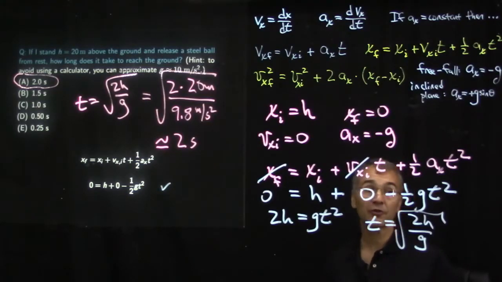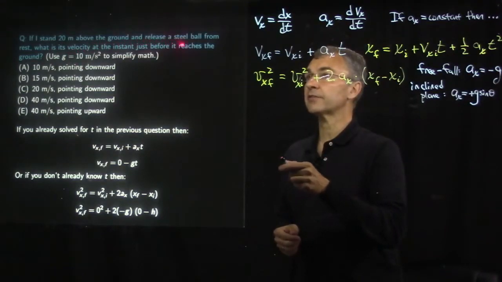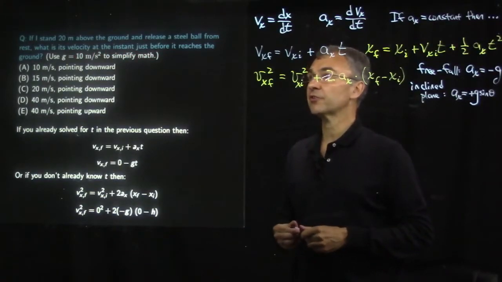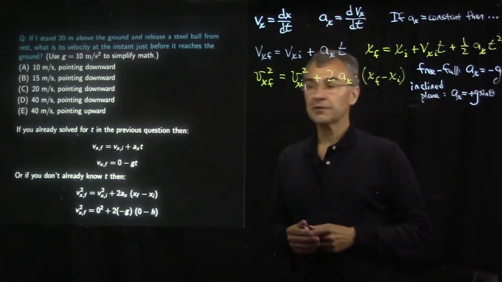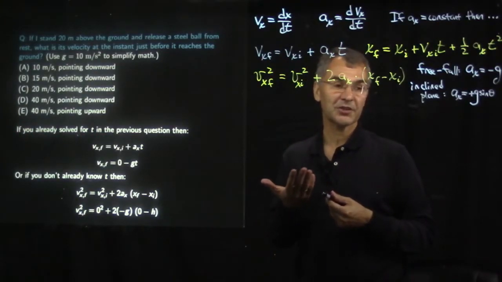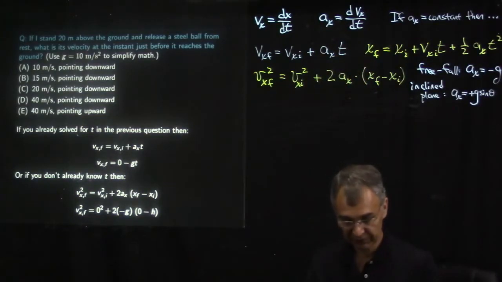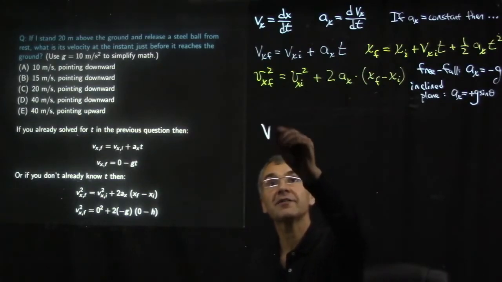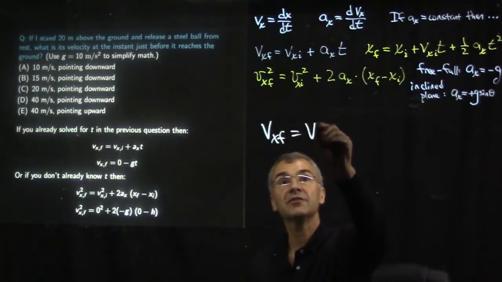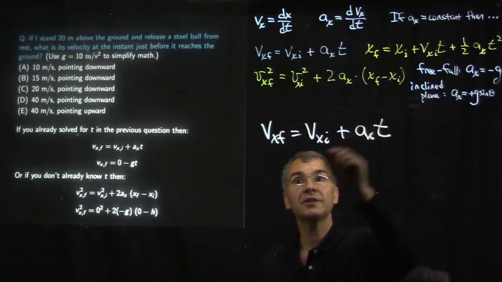Okay, so that was our first problem that we worked together using numbers. If I stand 20 meters above the ground and I release a steel ball from rest, what is its velocity the instant just before it reaches the ground? Well, if we just solve for time in the previous question, on the previous slide, we know the time is about 2 seconds. So if we know that, then we can say Vx final is Vx initial plus a sub x t.